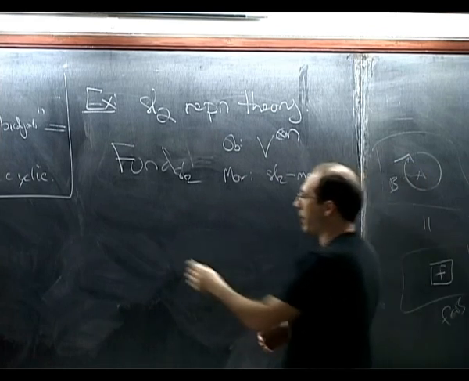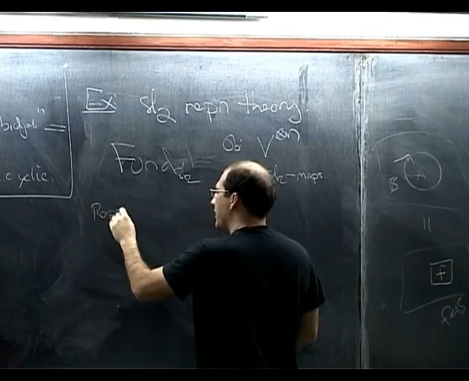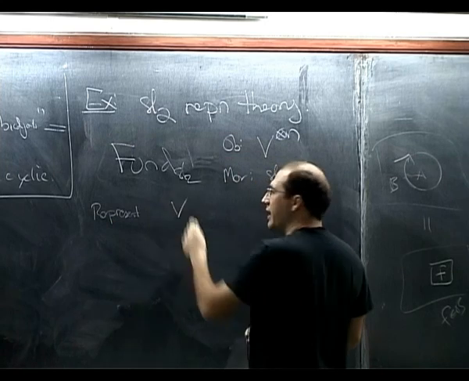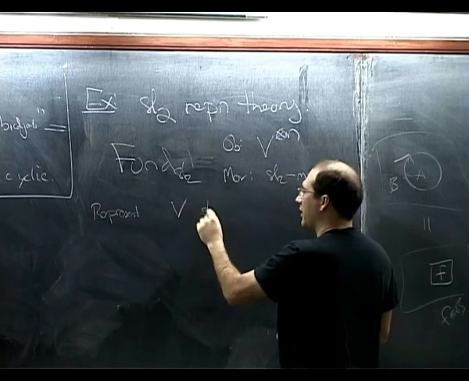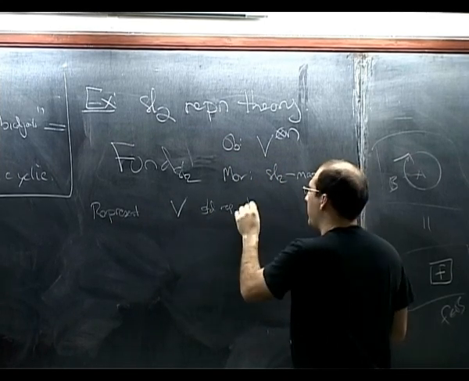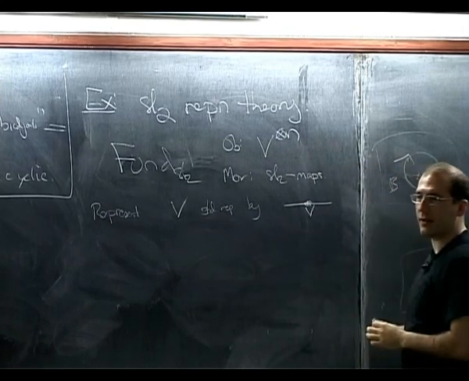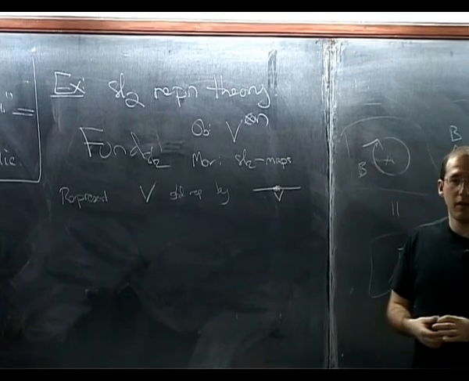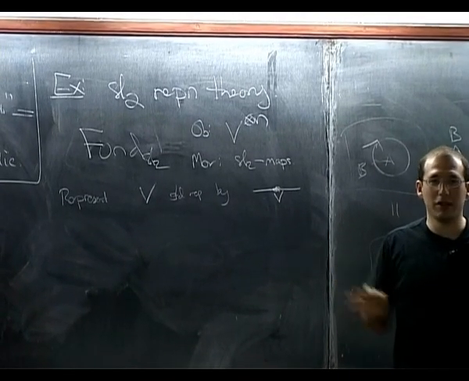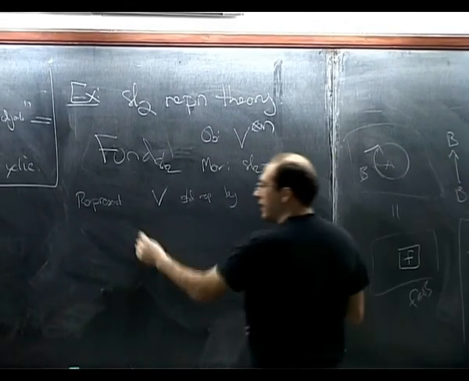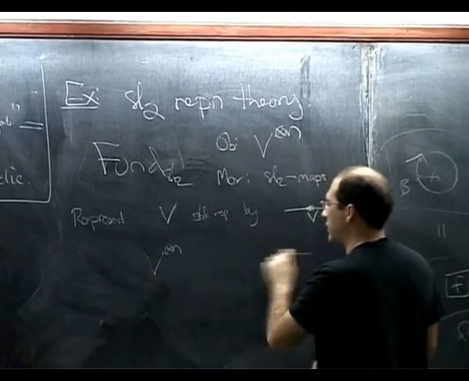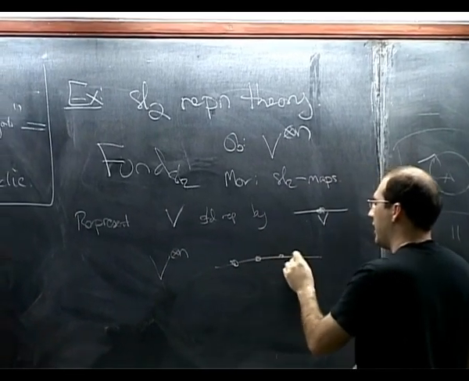So we're going to represent V, the standard rep, by just a dot. We don't have to label the region. There's no region. So V tensor n is just n dots.